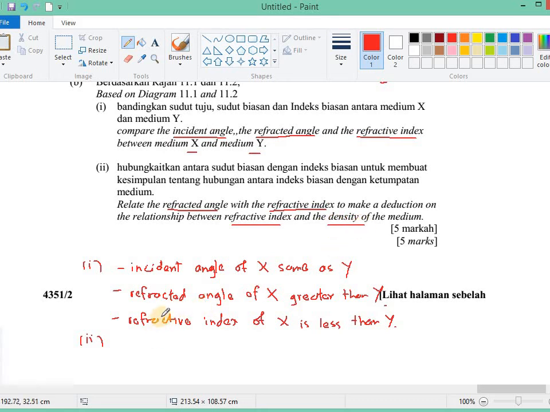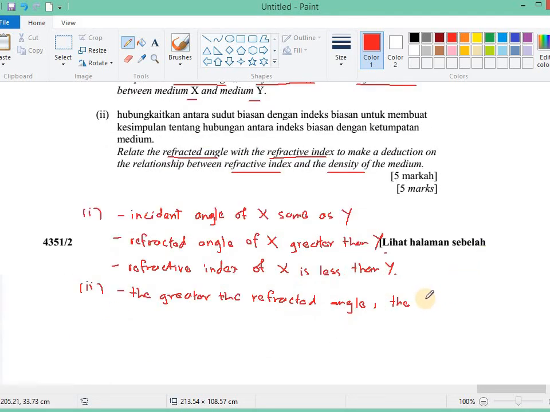So the refracted angle and refractive index: the greater the refracted angle, the lower the refractive index. So this is relate. Relate means you need to write a relationship: the greater the something, the lower the something.